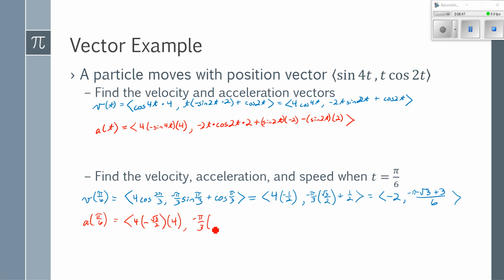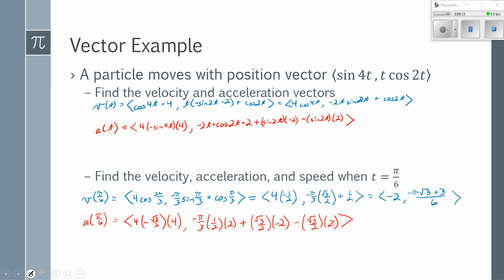Then I have the cosine of pi over 3, which is 1/2. Then I have the 2 plus sine of pi over 3 is rad 3 over 2 times the negative 2 minus sine of pi over 3 times 2. And there's my acceleration vector. Aren't you glad we're not required to simplify?